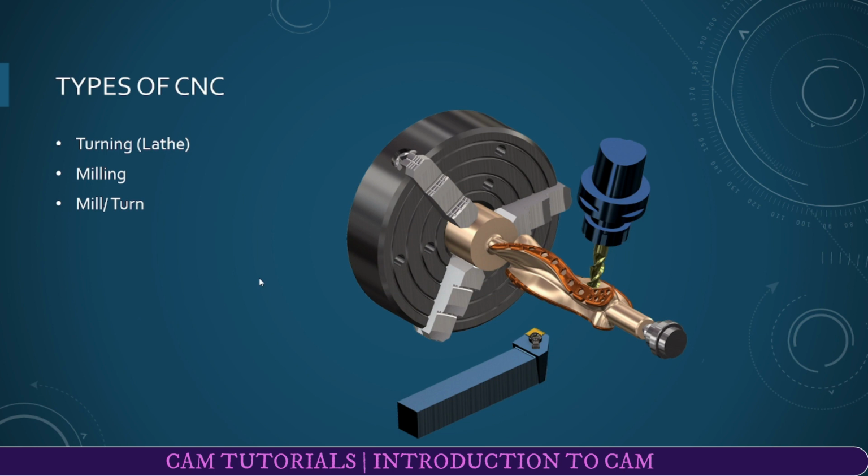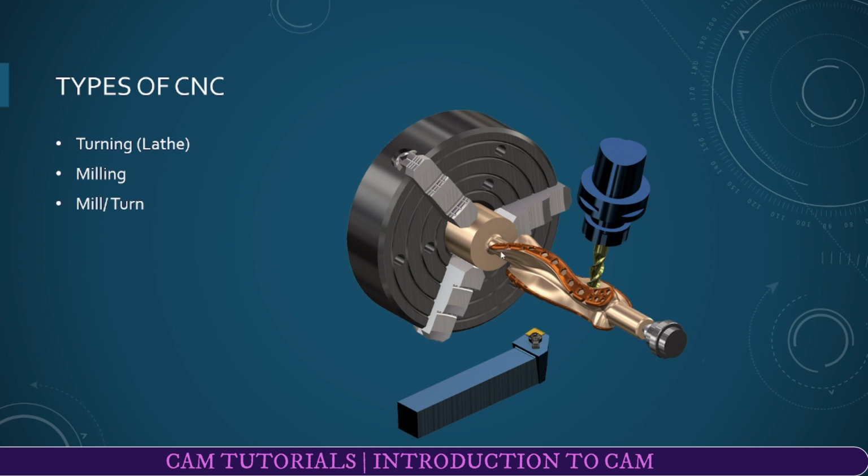Then there comes CNC mill turn. Mill turn means that sometimes in a particular job, the job is for turning, but you will need to construct some slot, or you will need to add a circular hole inside your job. So you will use both of them.